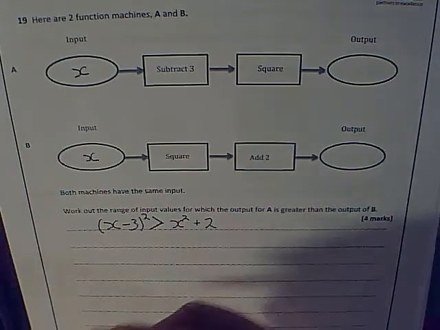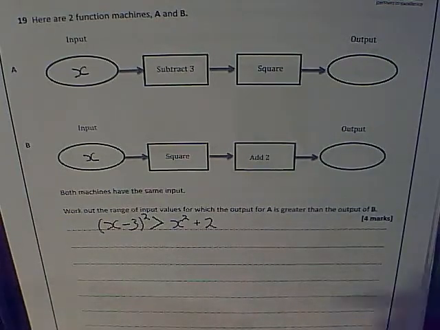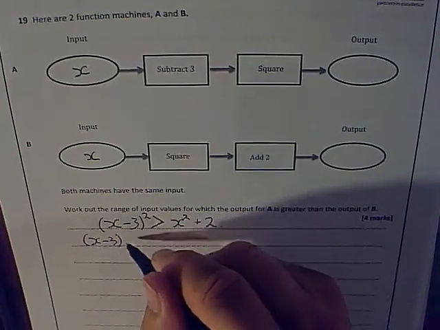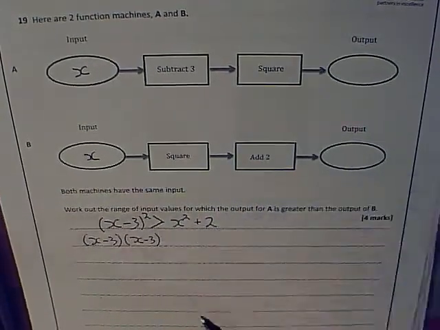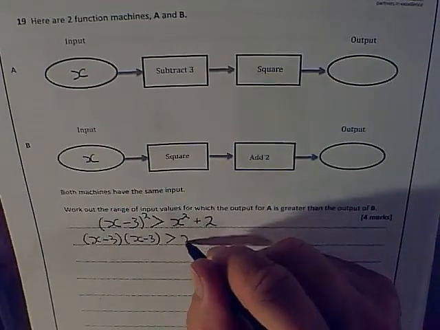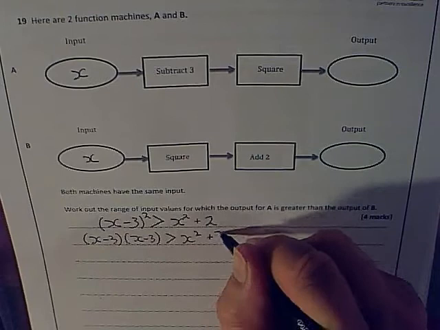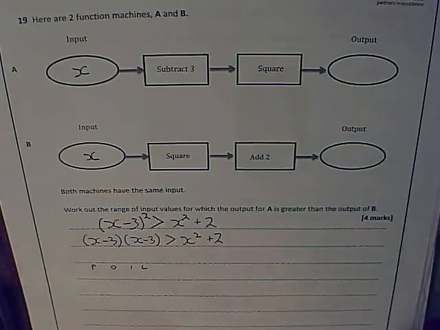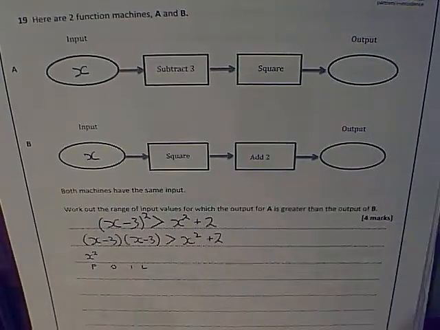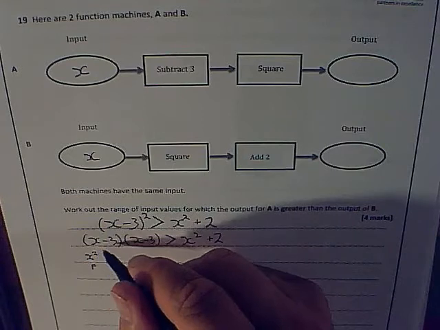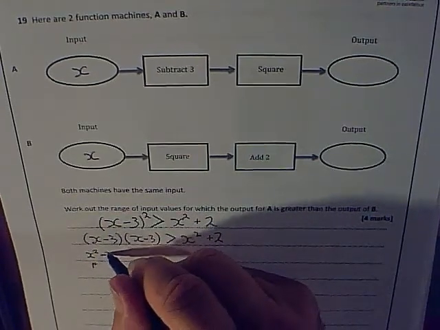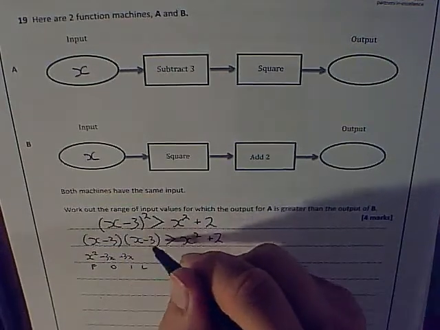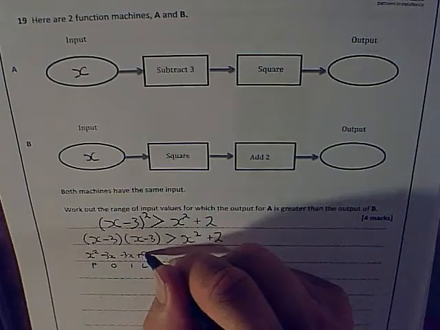x minus 3 squared, I like to write out as x minus 3 times x minus 3, because then I can apply my FOIL or my grid method of multiplying it out. I'll use the FOIL method. First is x squared, outer is x times minus 3, which is minus 3x, inner is minus 3 times x, which is minus 3x, and last is minus 3 times minus 3, careful with it, it's plus 9.